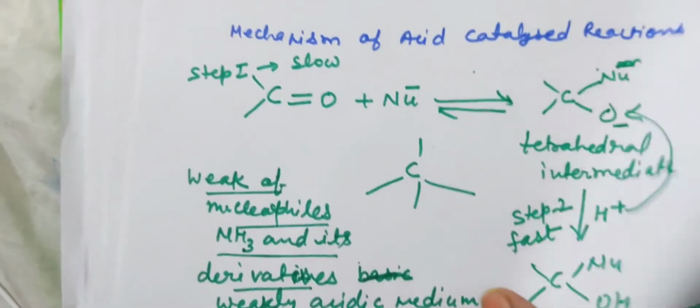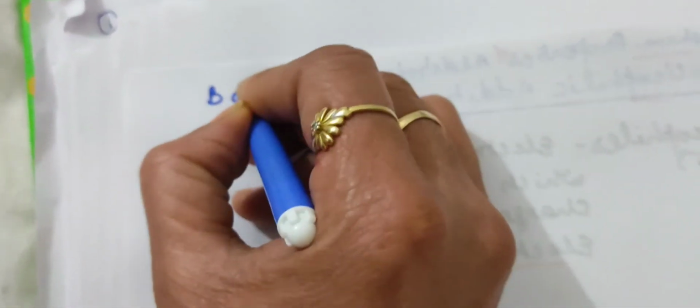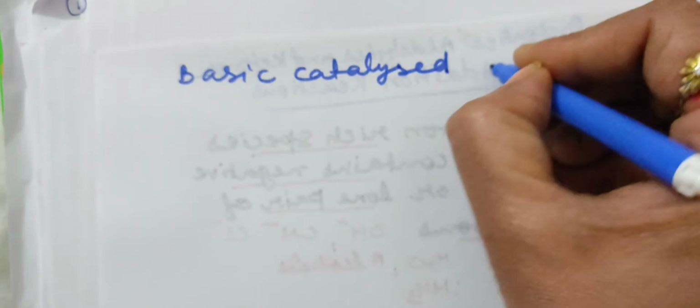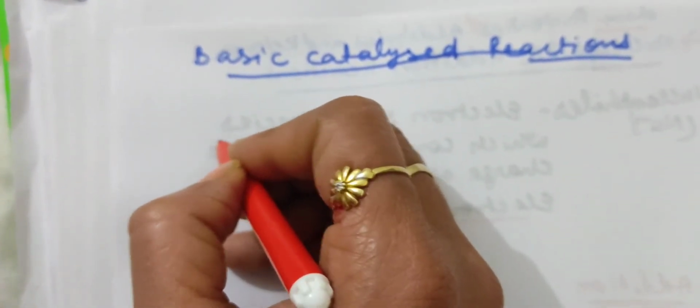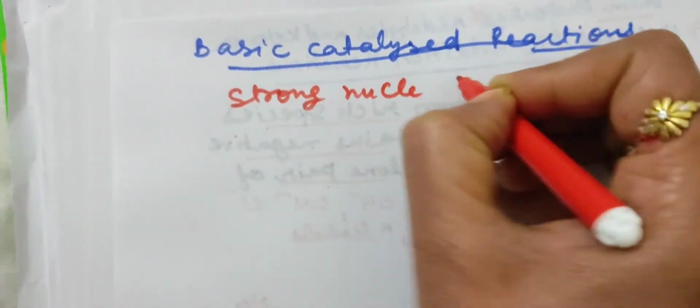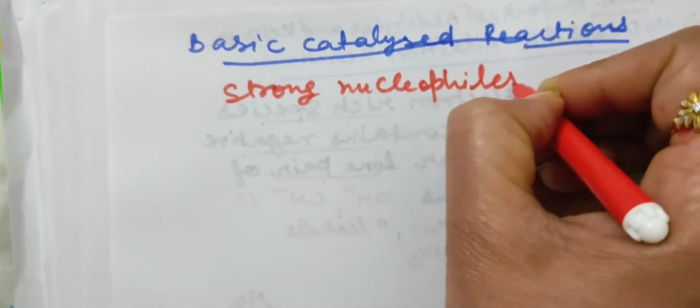So next one is the basic catalyzed reactions. Basic catalyzed reactions are basically shown by strong nucleophiles like cyanide.